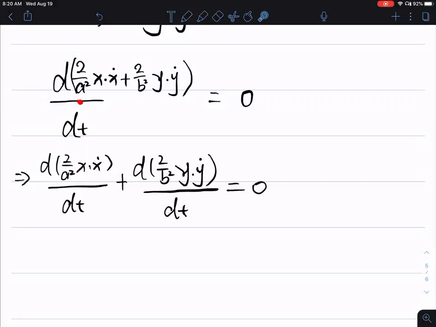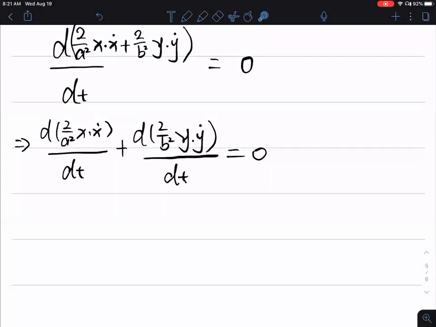If you are scared to deal with this something plus something derivative, you can break it down into two components and do the derivative for each component like this.